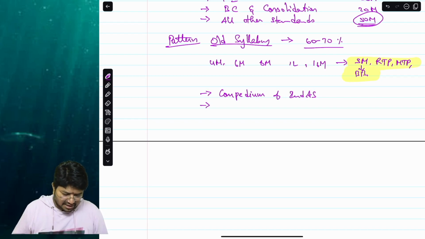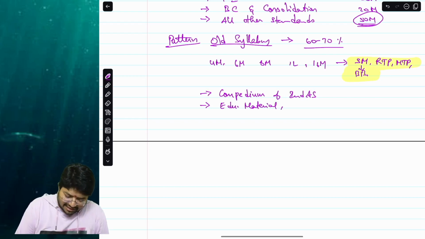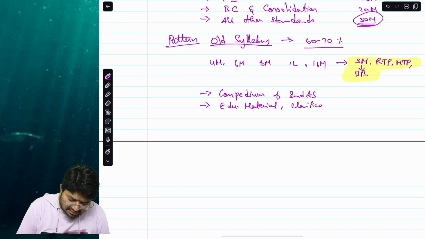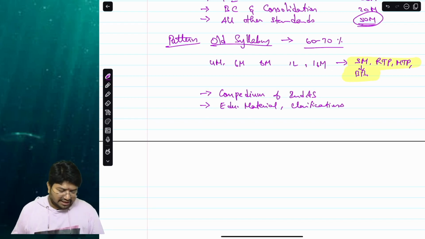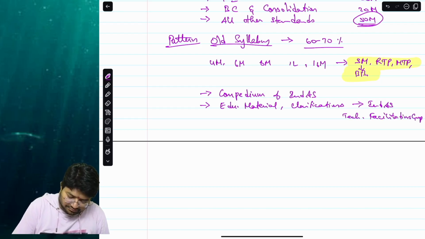Apart from that, there is some educational material, clarifications given out by the Ind AS Technical Facilitation Group. Those also we would be covering.